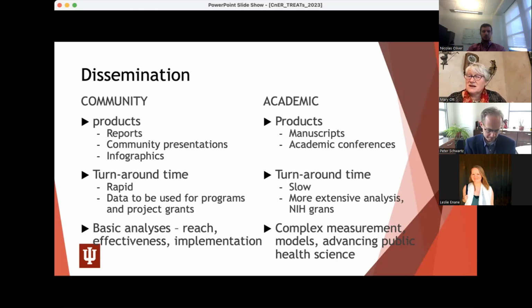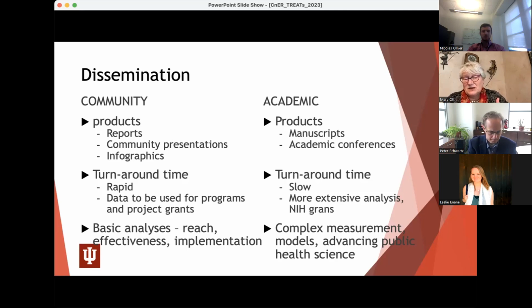The turnaround time on the community side is usually rapid because they want to build on the community interest and engagement and provide the data at a time when people are interested in it and thinking about it. They also need the data for programs and for project and implementation grants, so they need to get the data to their funders, as opposed to the academic side, where the turnaround time is a little slower. There's more extensive analysis.